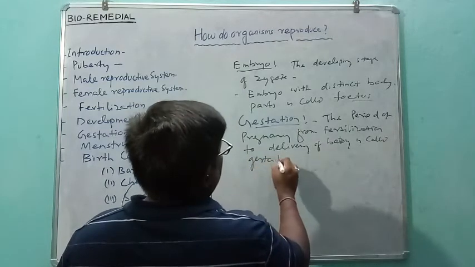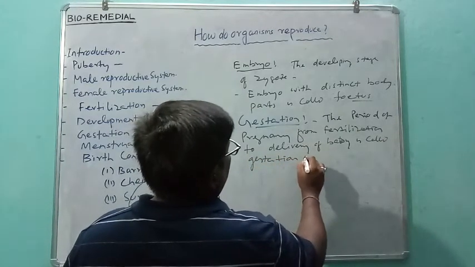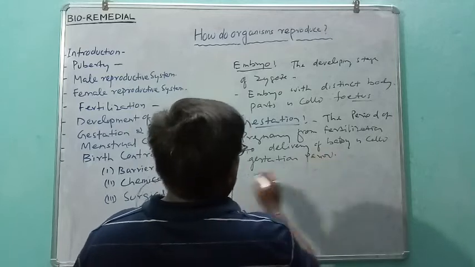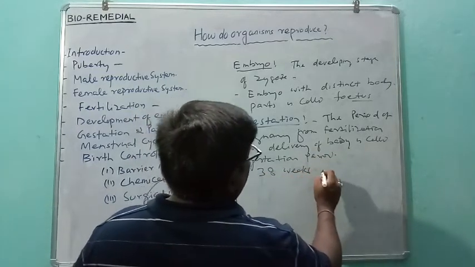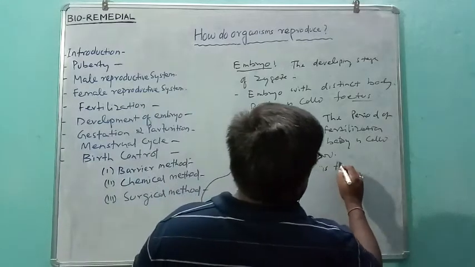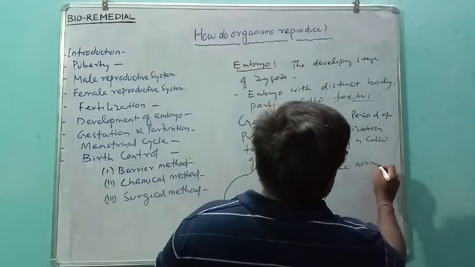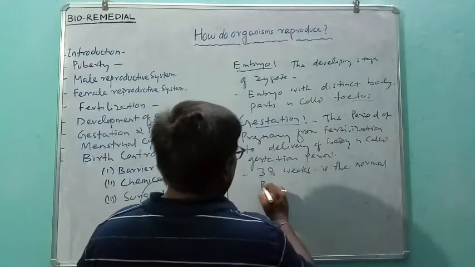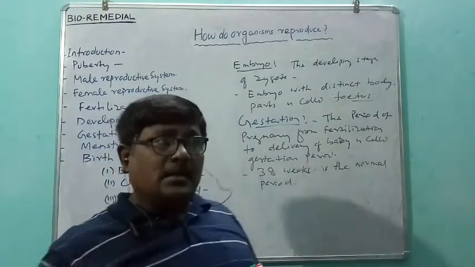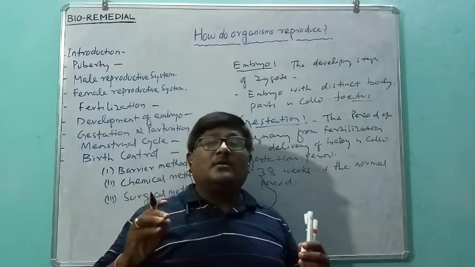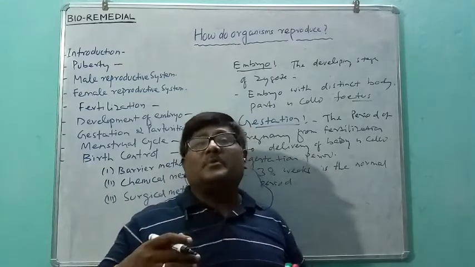This gestation period is usually 38 weeks. 38 weeks is the normal gestation period. On this basis, the doctor gives a particular date of delivery.